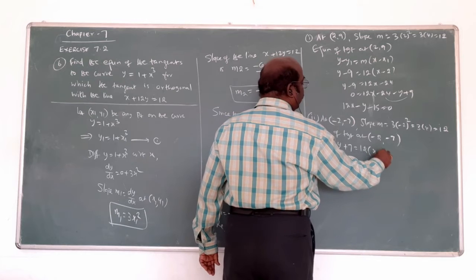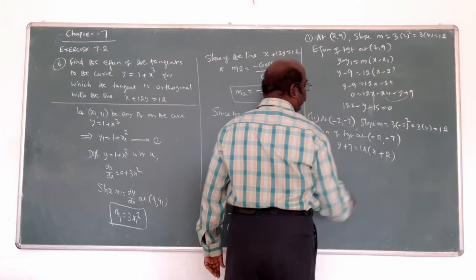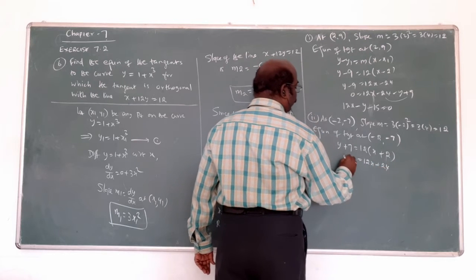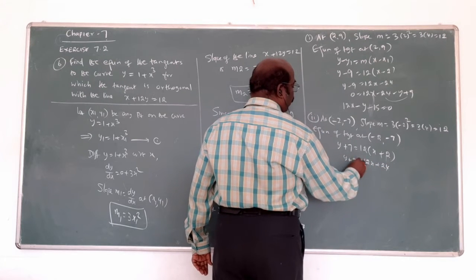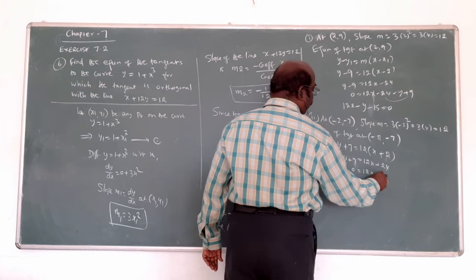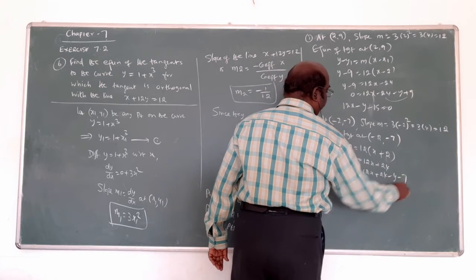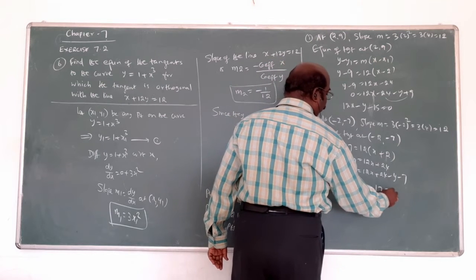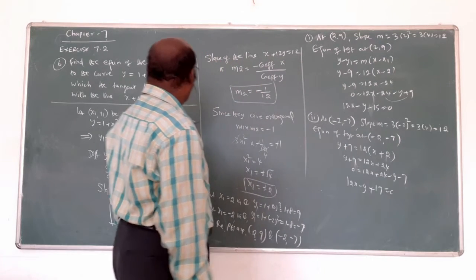M is 12, times x plus 2. Am I right? 12x plus 24. So 0 equal to 12x plus 24 minus y minus 7. So 12x minus y plus 17 equal to 0. This is the answer.